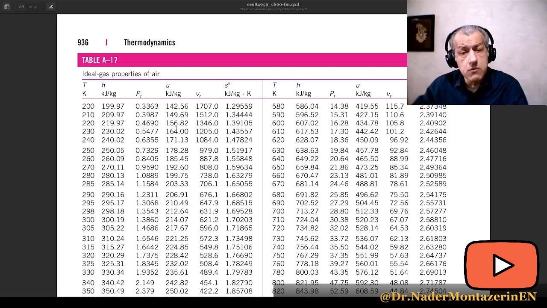This is a function of temperature, which is directly proportional to pressure. This is U, which is basically Cv0 times T, with Cv changing with temperature. This is VR, which is directly proportional to specific volume, and this is standard entropy, which is also a function of temperature.